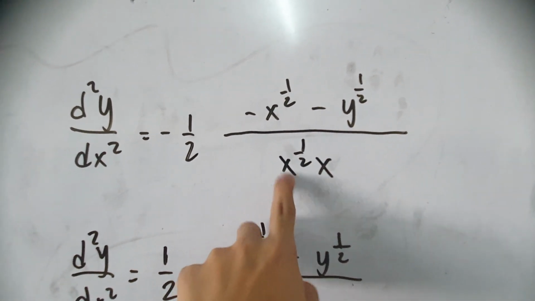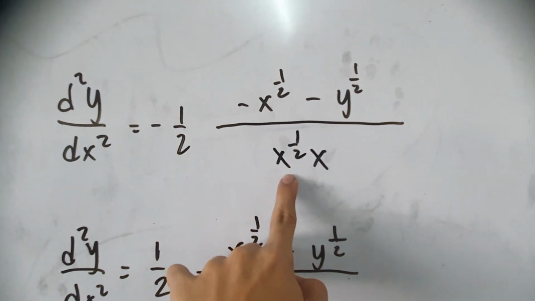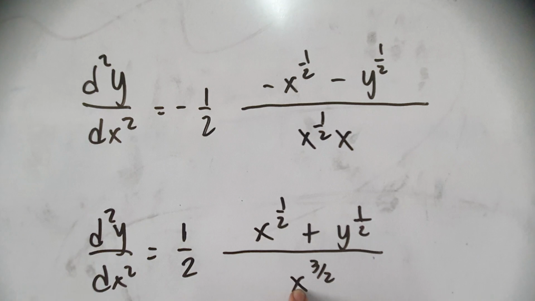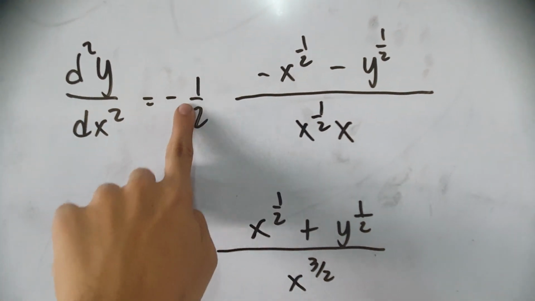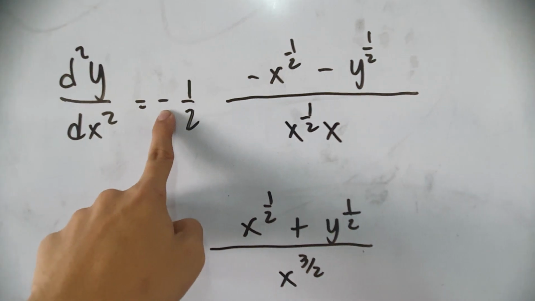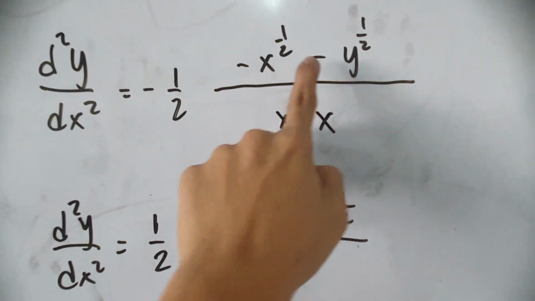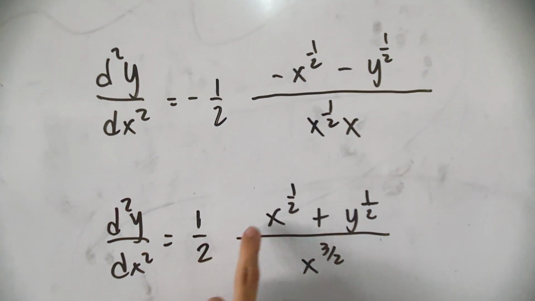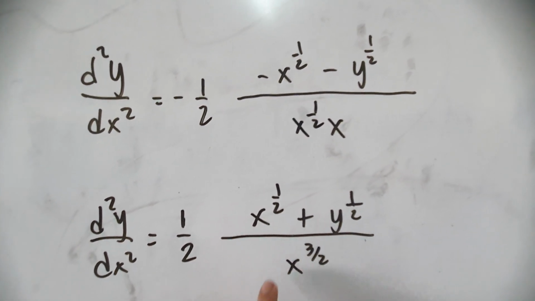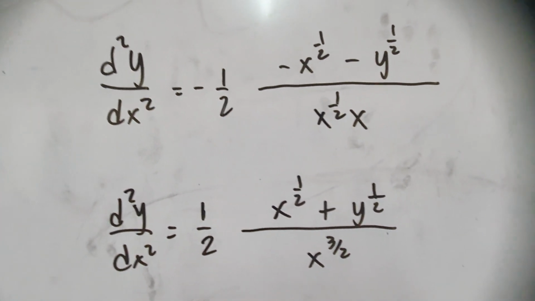And then we have x raised to 1 half times x. 1 half plus 1, that is 3 halves. Right here. Notice we have a negative number here, negative 1 half. If we're going to distribute negative to our numerator, we now have positive. We now have positive x raised to the power 1 half plus y raised to the power 1 half over x raised to the power of 3 halves.